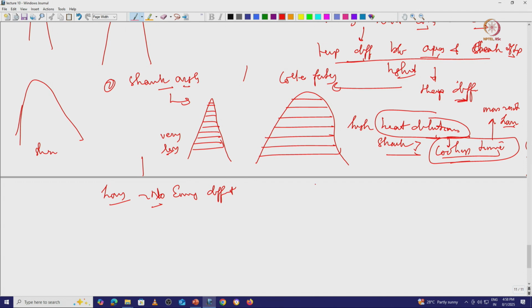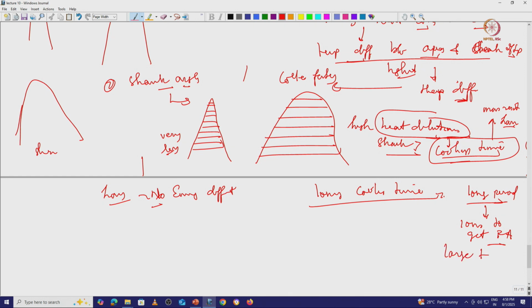If there is a longer cooling time, it will take a longer period during which the ion gets emitted. So a longer cooling time means a longer period for ions to get field evaporated, so you will develop a large tail, which we call a thermal tail.